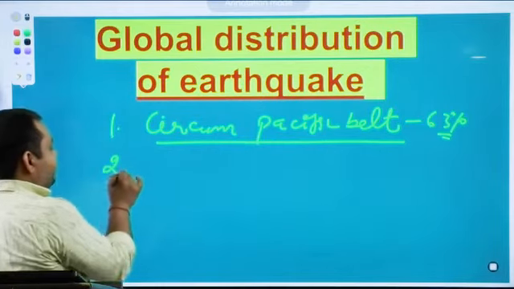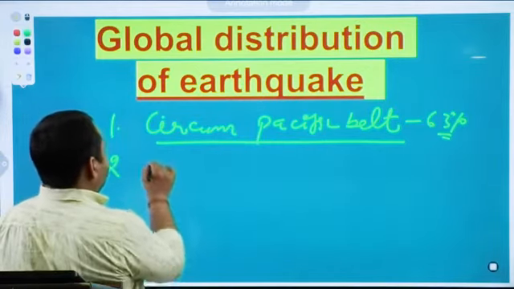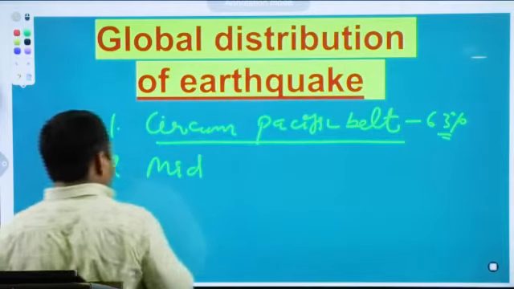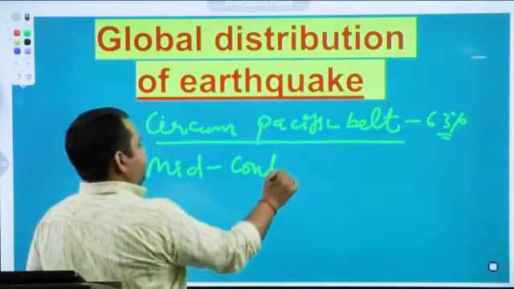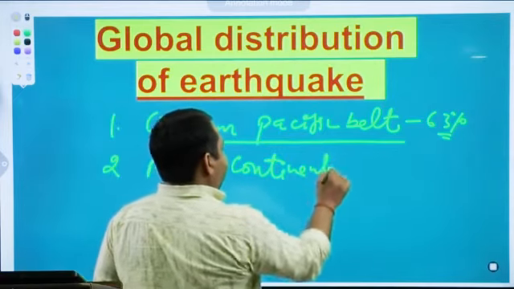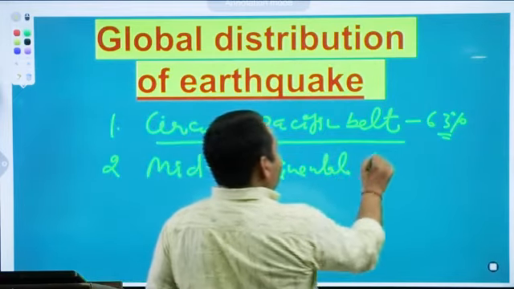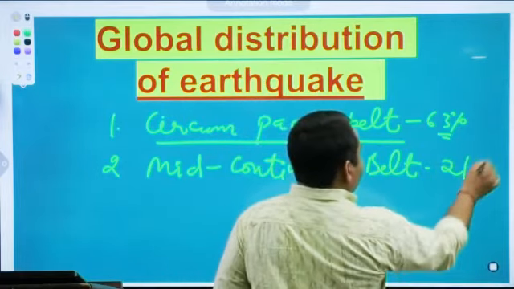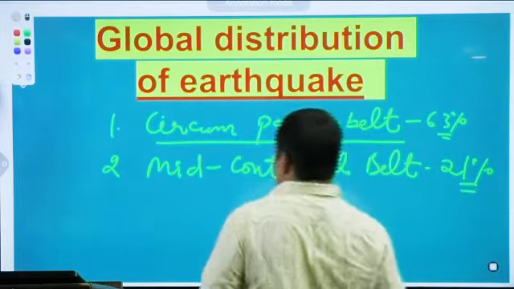The second is the mid-continental belt. It records around 21% of the global earthquakes.